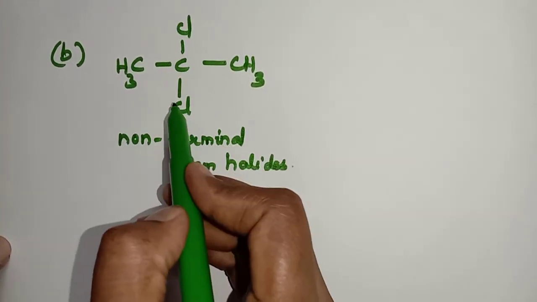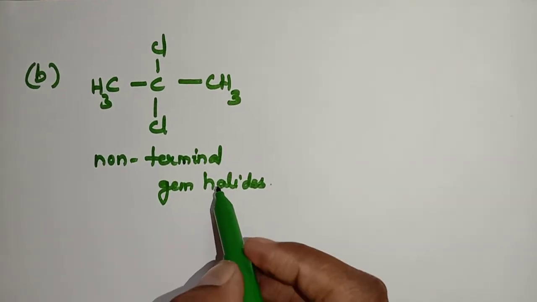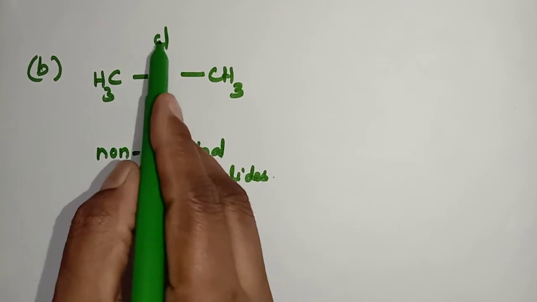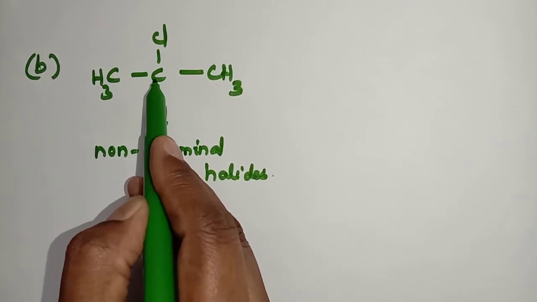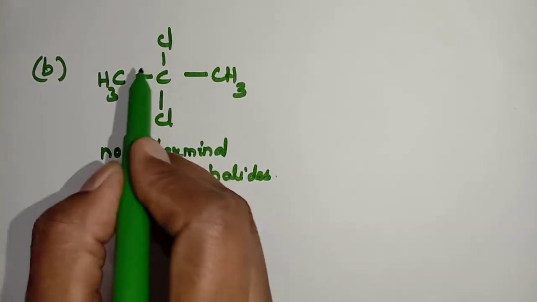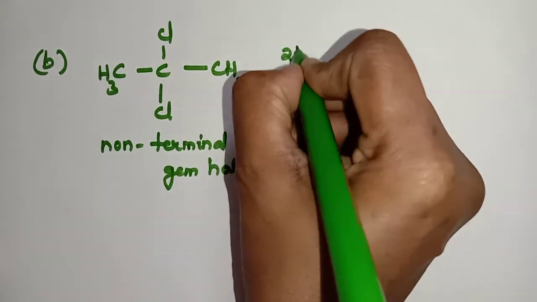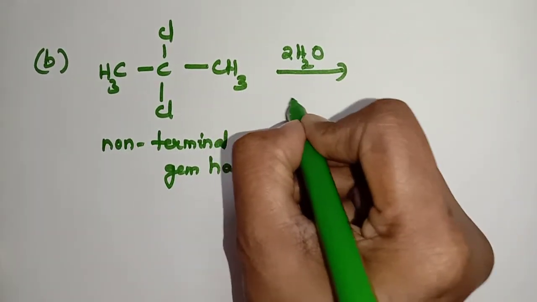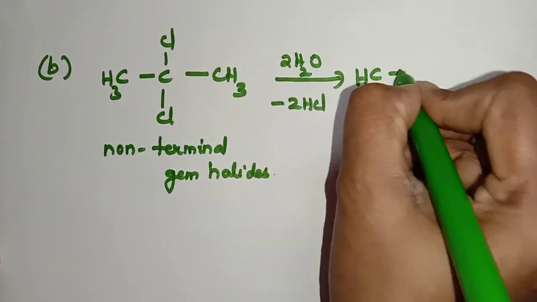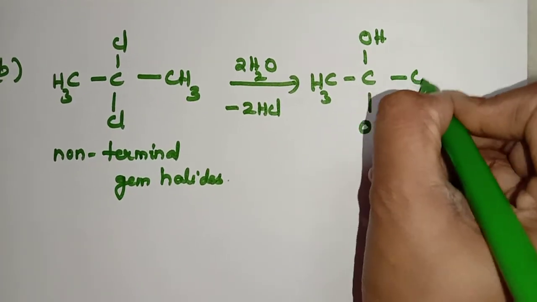If the 2 halogens are on the last carbon, they are called terminal gem halides. From those gem halides we can prepare aldehydes, and if the halogens are present on the middle carbons, they are called non-terminal gem halides, and by the hydrolysis of such compounds we can prepare ketones. The same process takes up 2 H2O molecules, minus 2 HCl, forming CH3 C OH OH CH3.